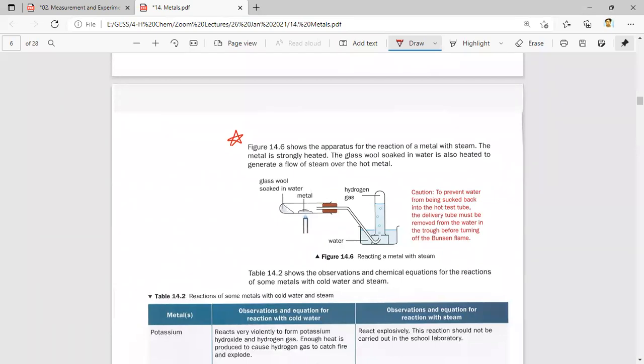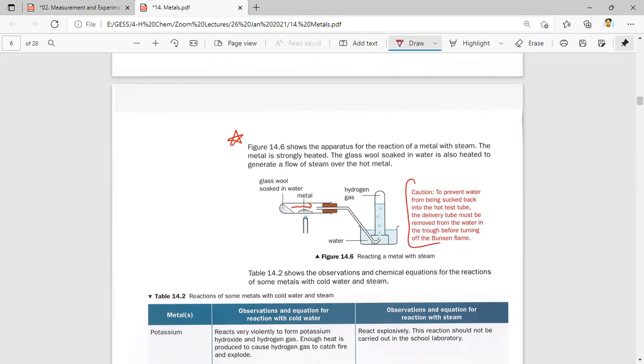They will heat up the metal, and as they heat it, the water in the test tube will boil and become steam. The steam will pass through the metal, and as it passes through, the metal reacts with the steam. So this is the setup on how they make liquid water become steam to react with your metal.